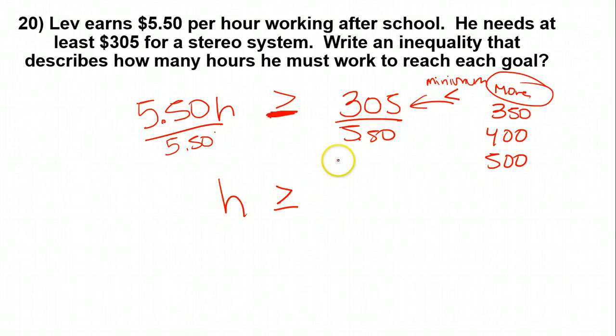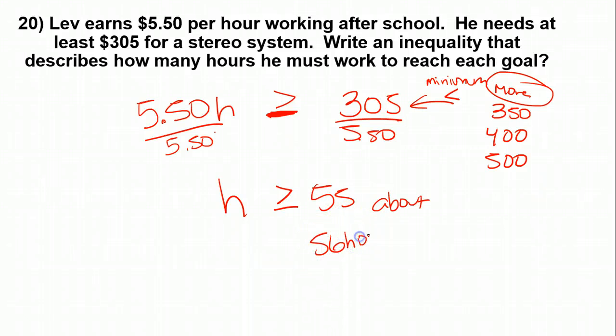Again, using your calculator, you can use it for the test, would be about 55 hours. If you want to round up, about 55 hours, okay? Maybe 56 hours, but either one's fine.